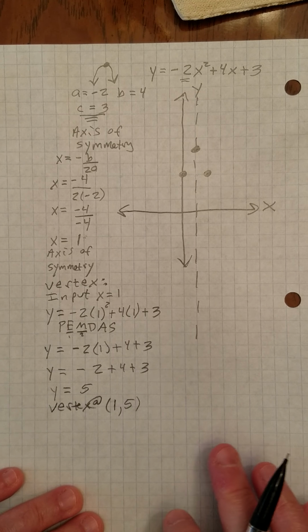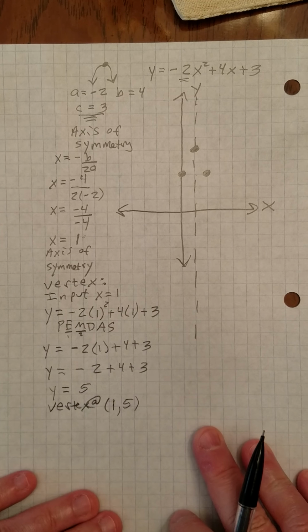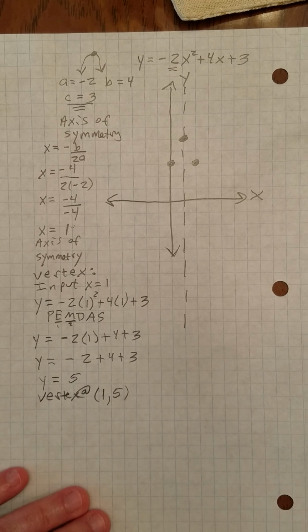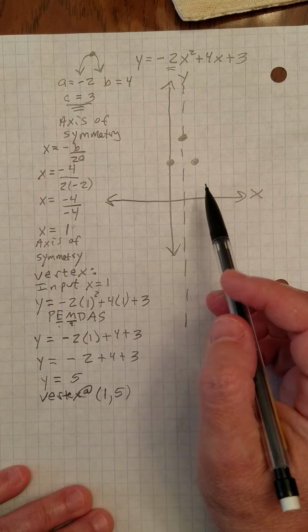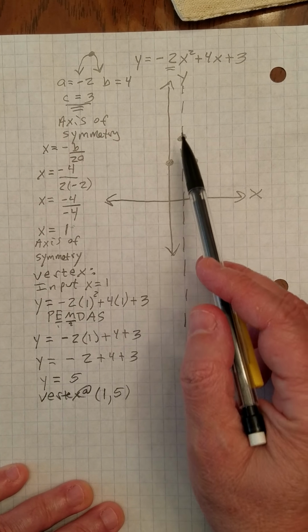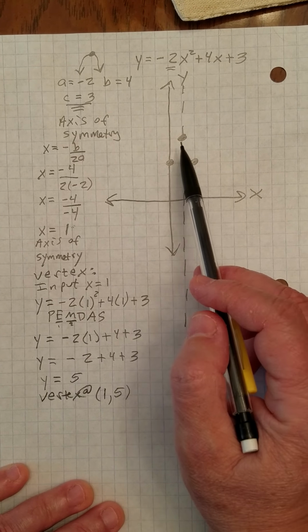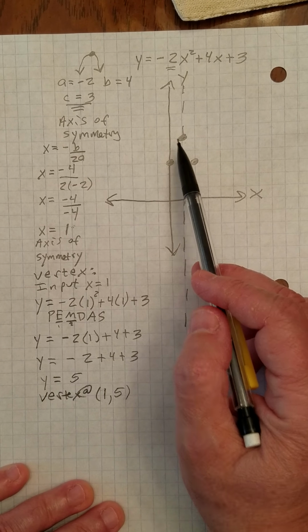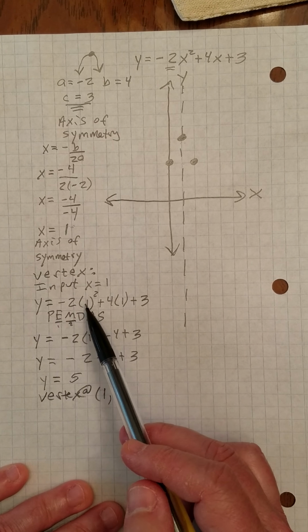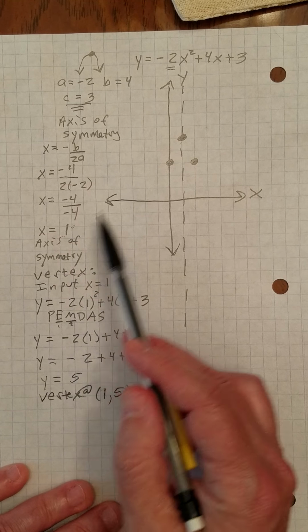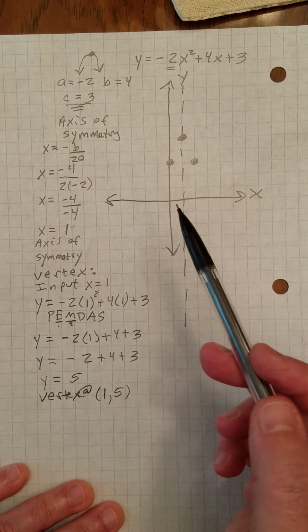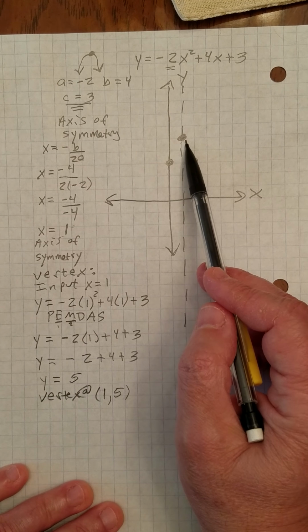All right, now for the next point, we're going to choose a really nice, easy x value to input. But notice you cannot use x equals 1 because you've already used x equals 1 right here. So you can't use it again. If you try to use it again, you're going to end up right back here.